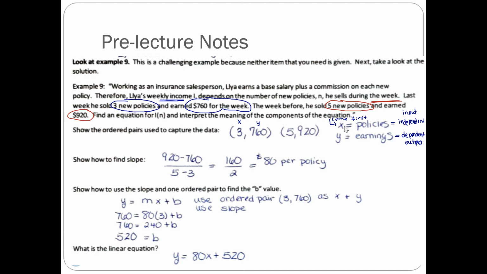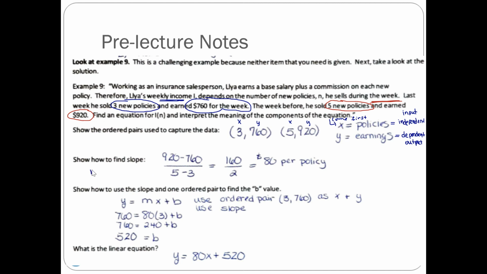So selling policies has to come first, and so you can see in both of my ordered pairs, in both of these groupings, I made the number of policies x and the money y, because you can't get paid until you sell the policy. That allows me to correctly set up my slope equation.